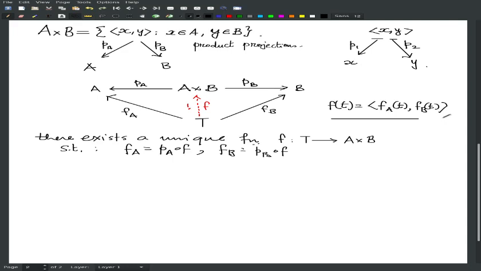So you see, the first fact that I want to say is regarding this unique f. It doesn't say that there is only one function.